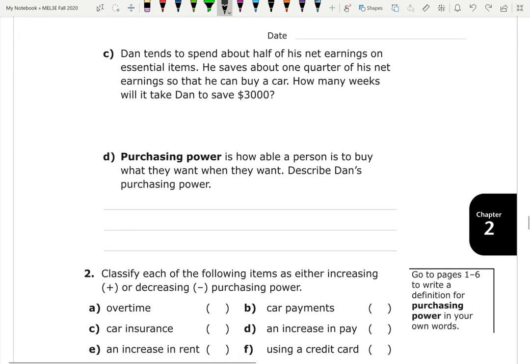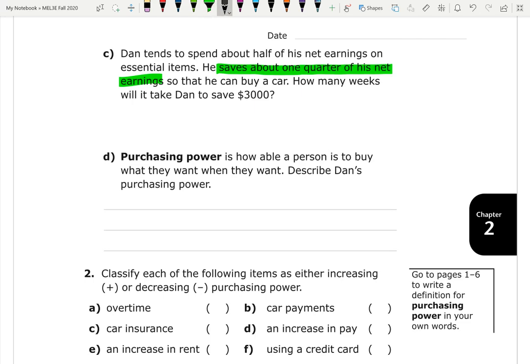Dan tends to spend about half of his net earnings on essential items. He saves about 1/4 of his net earnings so that he can buy a car. How many weeks will it take for him to save the $3,000? Okay. So he needs to save $3,000 and he saves 1/4 of his earnings.